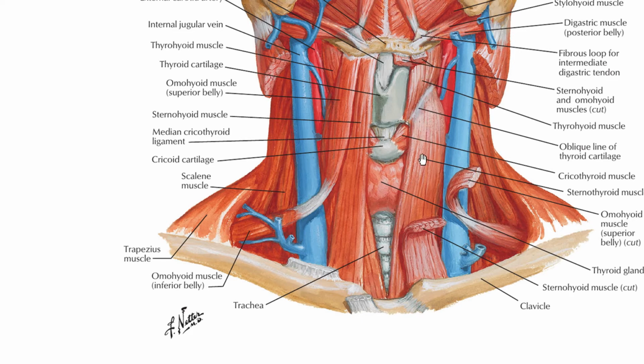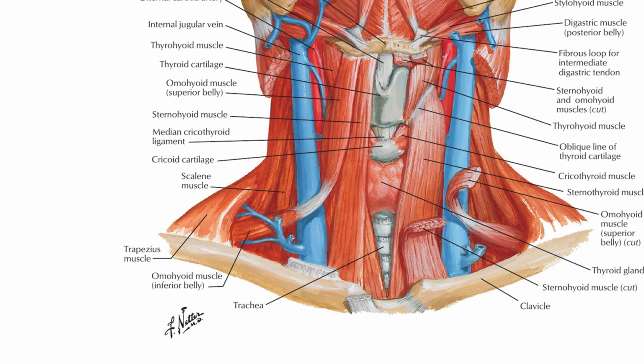Here you see the same muscles, omohyoid and sternohyoid, have been removed to show you the deeper structures, which we will talk about later on. So first of all, omohyoid, as I hope you have understood why it is called omohyoid, has two bellies, inferior belly and superior belly.